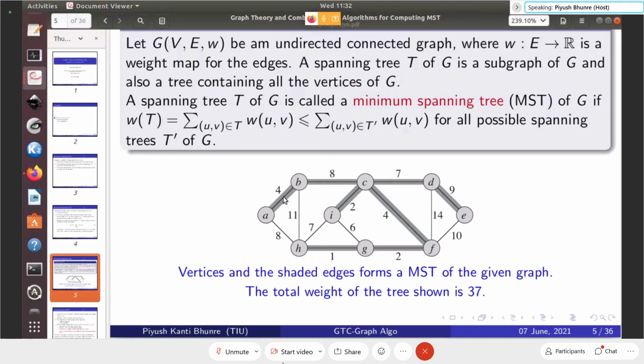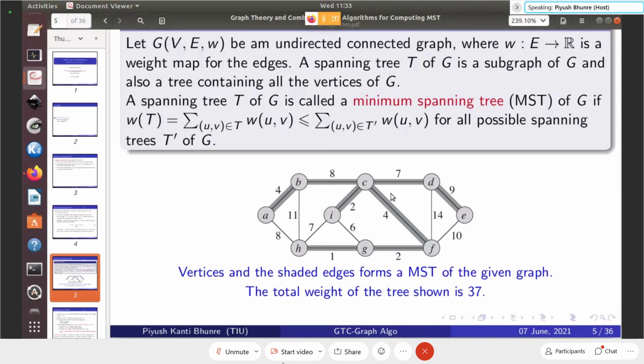If you add the weight values written close to each of the edges, W of (B, C) is 8, W of (C, D) is 7. These weights are written beside the edges to denote the edge weight. And if you sum these up, it will be 27 for all the shaded edges here.